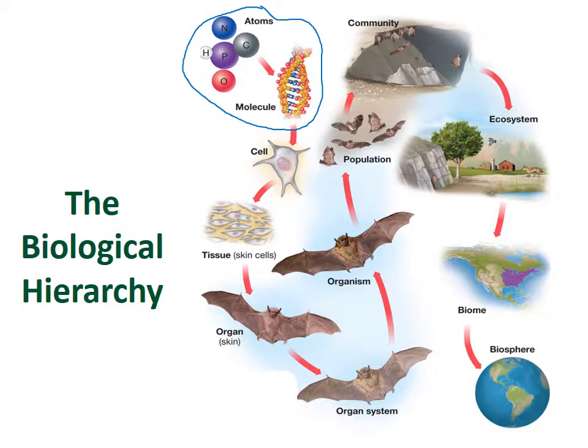Molecules include water, carbohydrates, proteins, lipids, and nucleic acids. Those biological molecules, along with water, will come together to create cells. So this is our next step up within this hierarchy that we are going to look at.